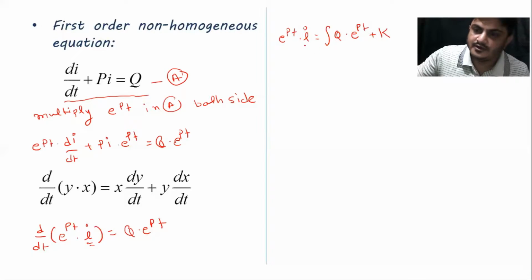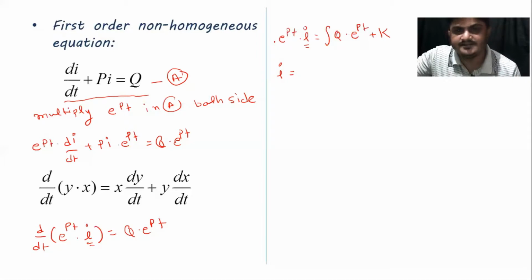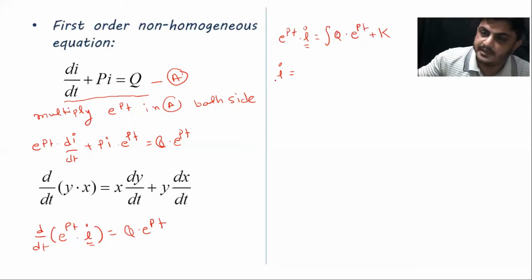My focus is to calculate this variable I. So let me simplify further. I will get I equal to, if I multiply e raised to minus pt on the right hand side, e raised to minus pt integration q e raised to pt plus k e raised to minus pt.